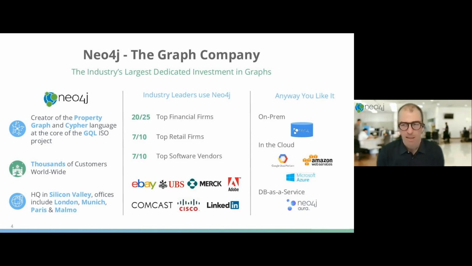Emil, Peter, and Johan started the open source project back in 2001, so that's 20 years ago, crazy. And the commercial product and company has really been around since 2009. I've been working for Neo4j since 2012, and I've got all the scars and all the smiles. So it's been a great journey so far.